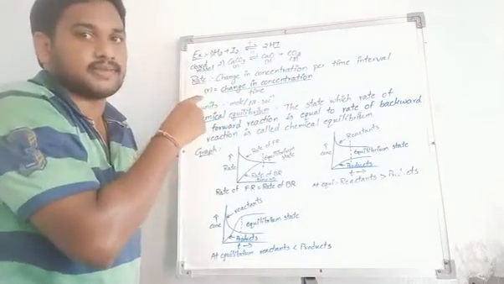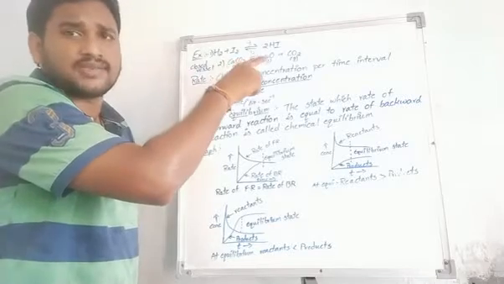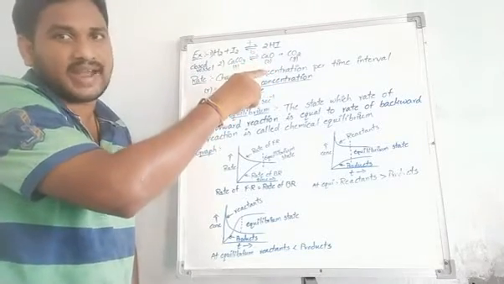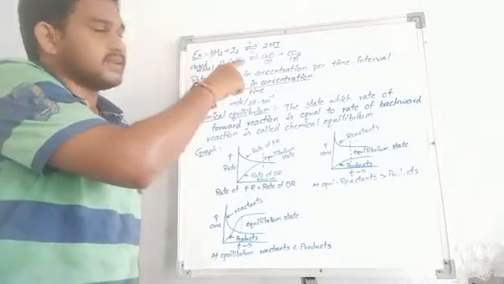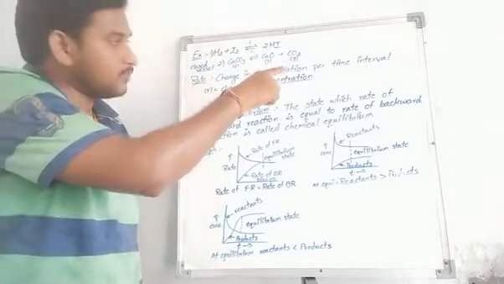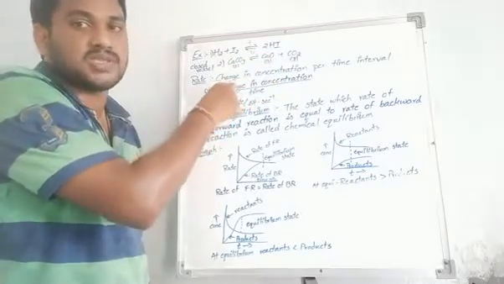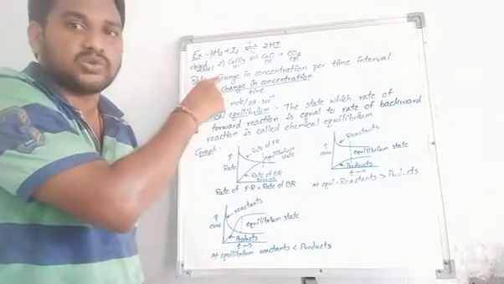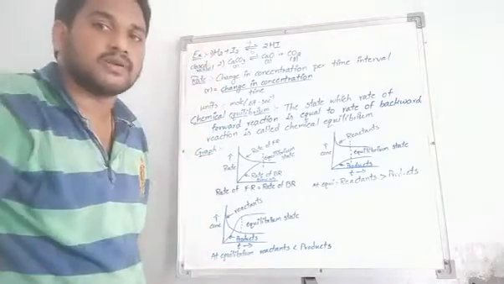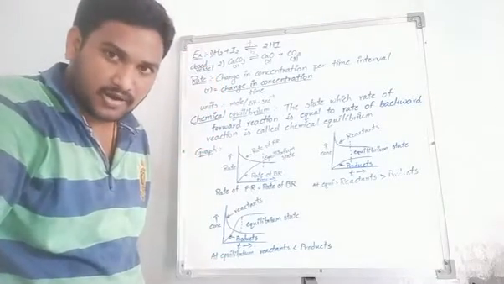So CaCO3 decomposes to CaO plus CO2, and both combine again to form CaCO3 in a closed vessel. That is an example of a reversible reaction. Okay, is my point clear or not?